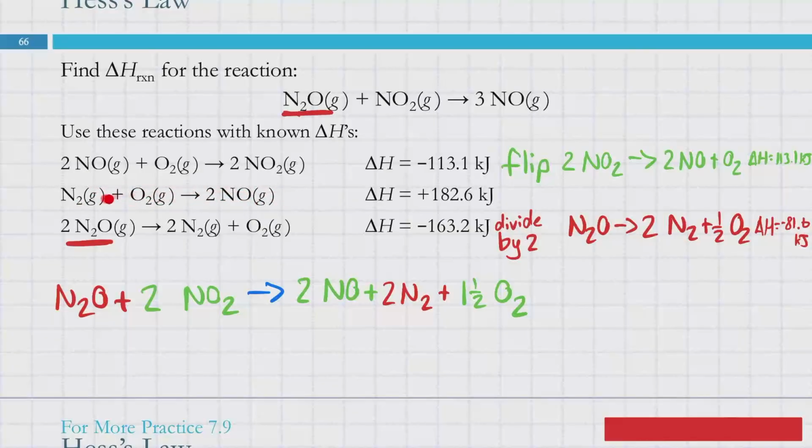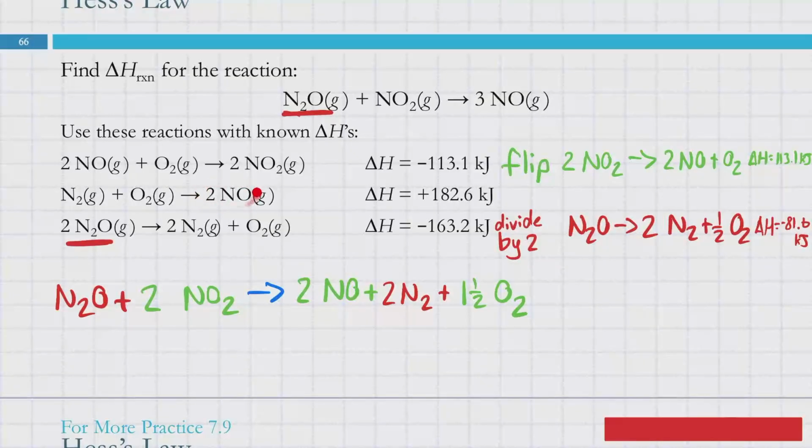We haven't used our second equation yet. Our second equation has N2 in it, and that we could use to cancel out the N2 that we've got left over.